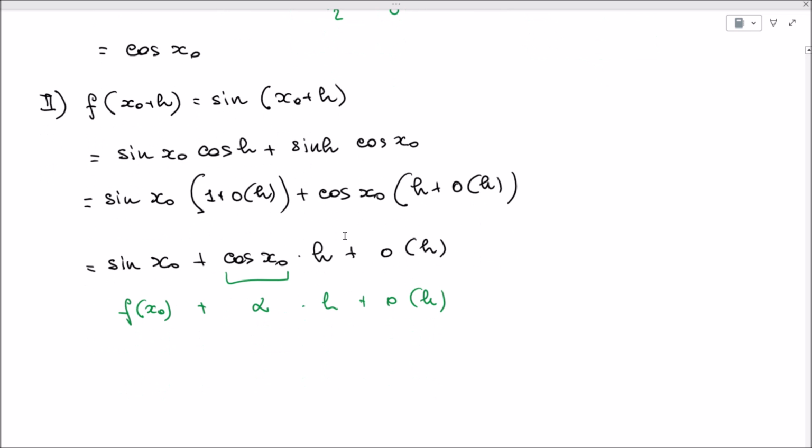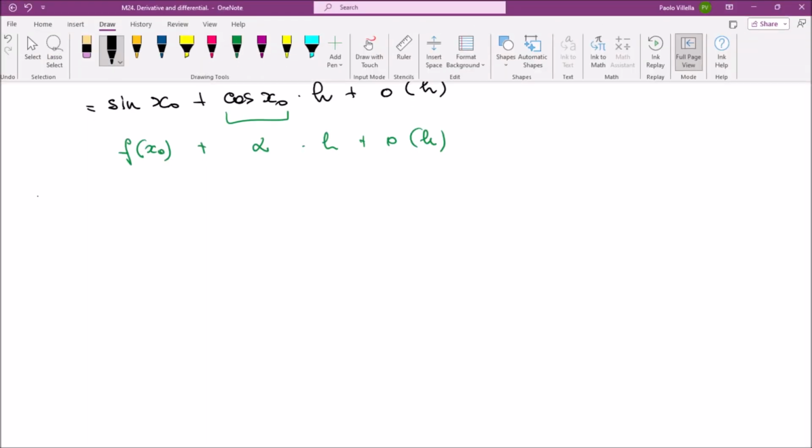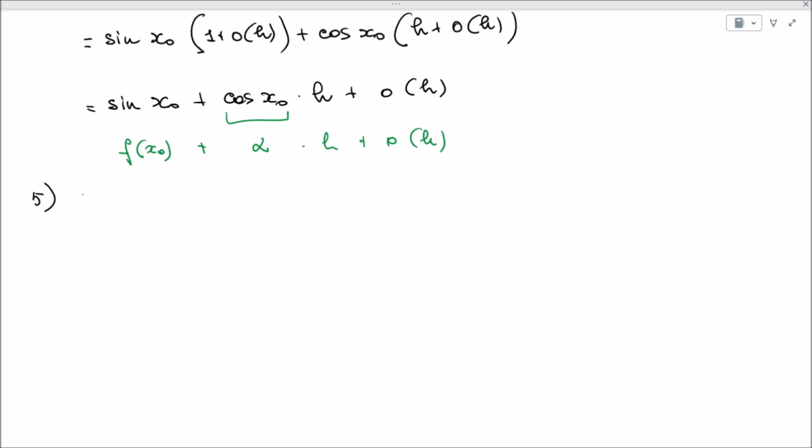Let's move to the next example, function 5. Let's take the logarithm of x, and now the domain is just the positive numbers.